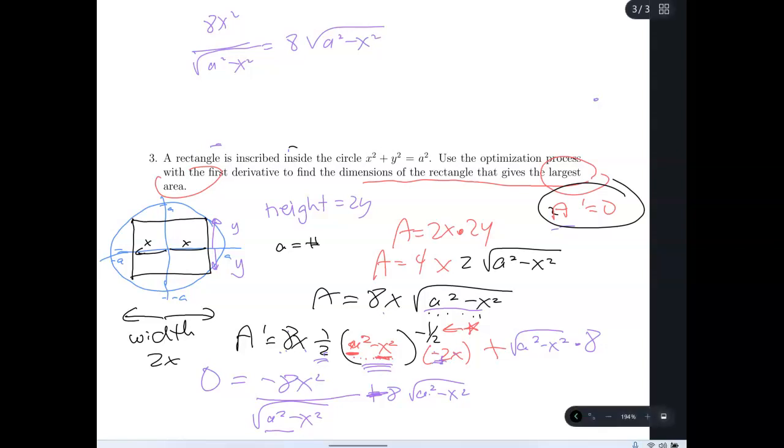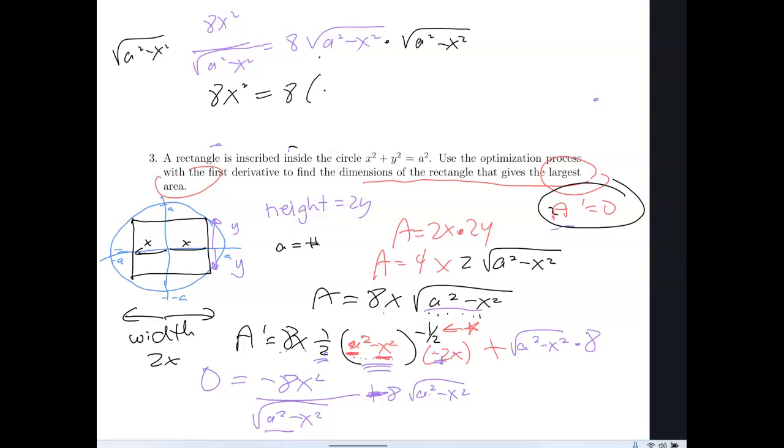Okay, just like we did before, let's multiply both sides by this radical. So I get 8x squared on this side. This side I get 8 times a squared minus x squared. So 8x squared equals 8a squared minus 8x squared.